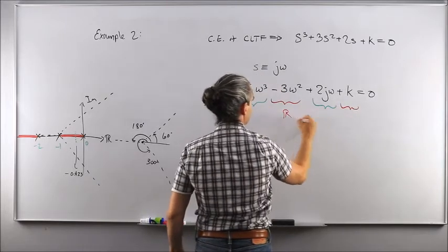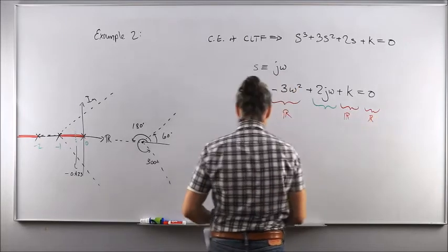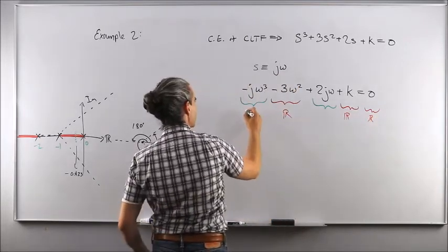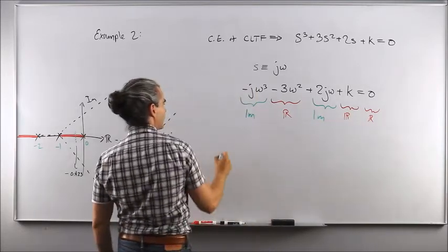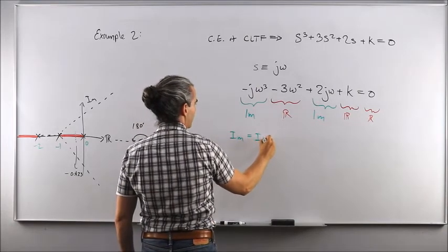Okay, this is real, the 0 is obviously real on the other side, whereas the j terms are your imaginary terms in that equation. So the trick is then to say imaginary equal to imaginary.